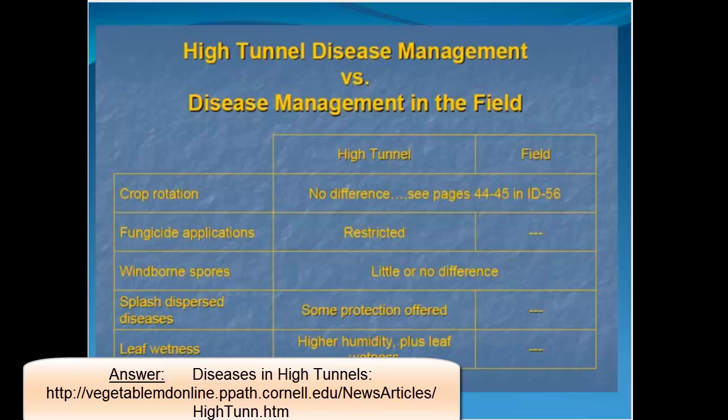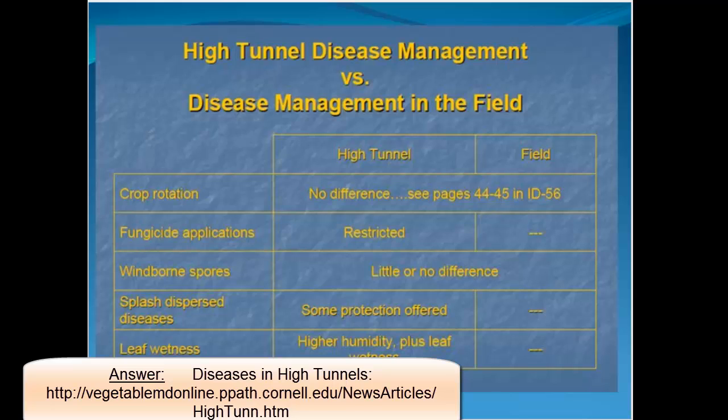If we have sited the high tunnel in a spot where water's not running in, a good site selection so that water runs away from the tunnel, we've done a good job managing our irrigation, and we have fans in place and manage our ventilation such that we don't have these extended periods of time where leaves remain wet, we wind up seeing those diseases in many cases going to absolutely zero with no fungicide application being required whatsoever.